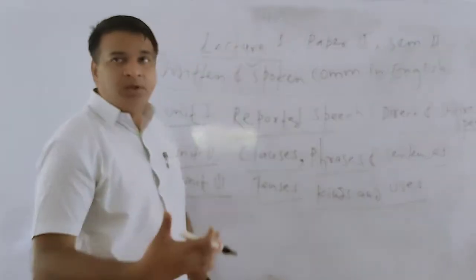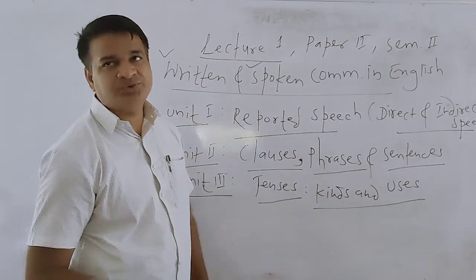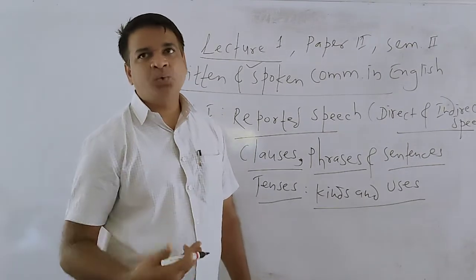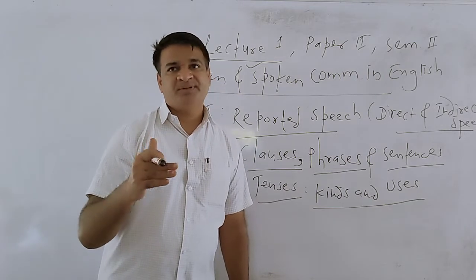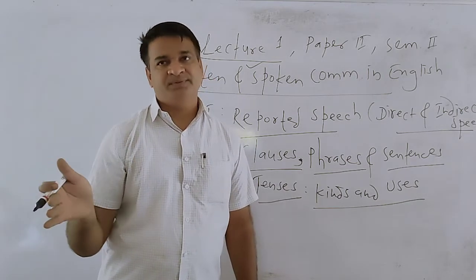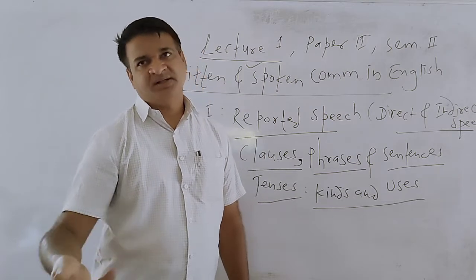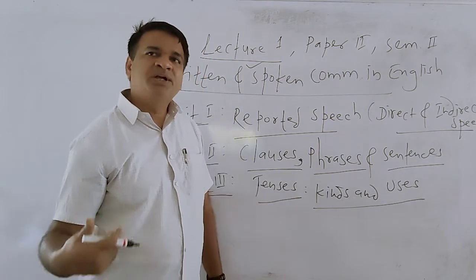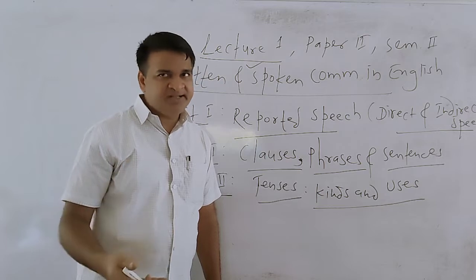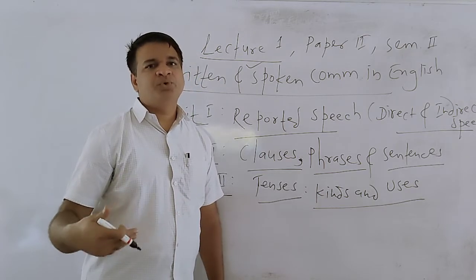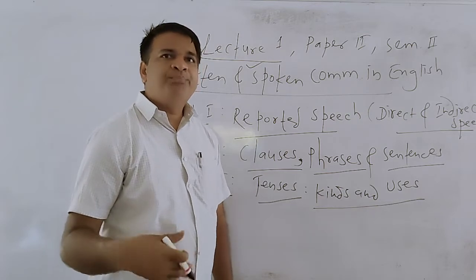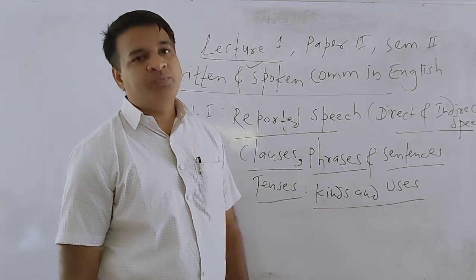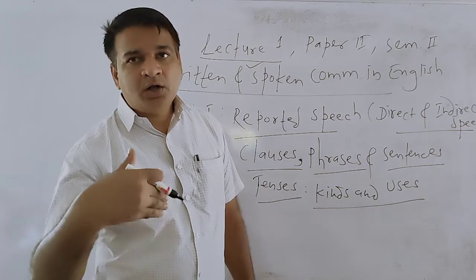Because present tense, past tense, future tense, and their respective kinds: simple present, present continuous, present perfect, present perfect continuous, and the same for the past and the future. Three major tenses and their respective four kinds will definitely be useful for your communication.